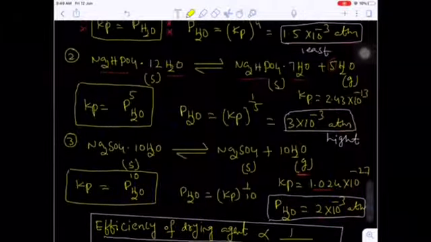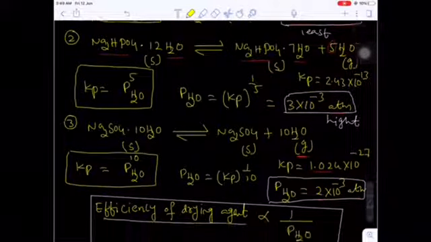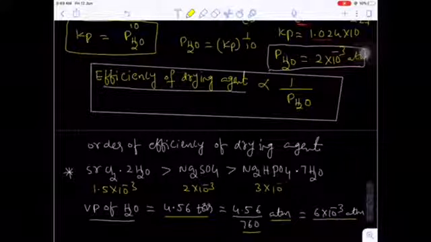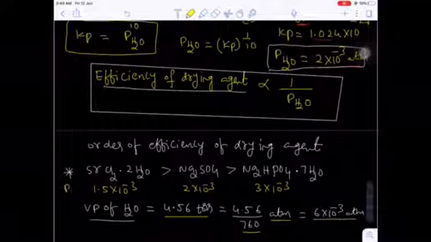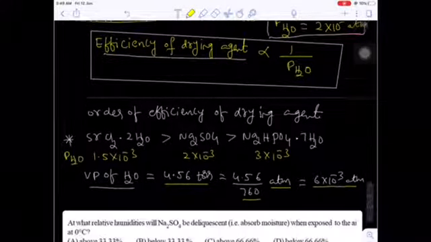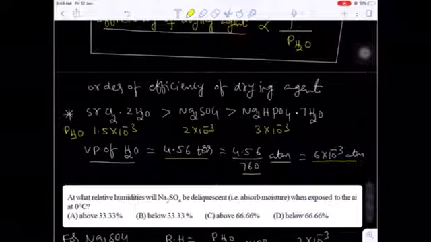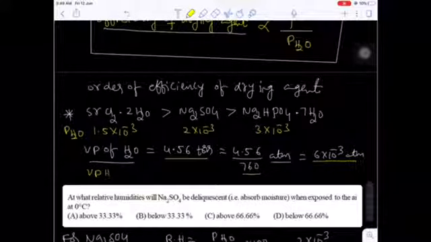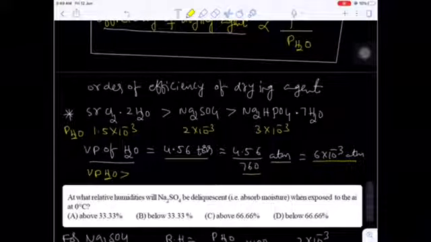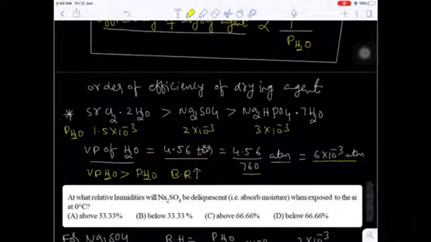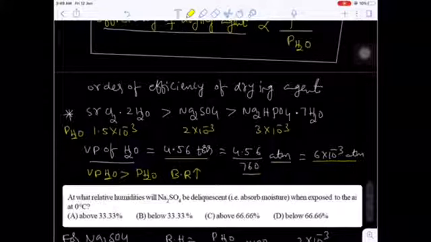Now the next one is sodium dihydrogen phosphate, 3 into 10 raised to minus 3. All these are the partial pressures of water. Now this is the vapor pressure of water. In all these cases the vapor pressure of water is greater than the partial pressure of water. That means in all these reactions the backward reaction is favorable.